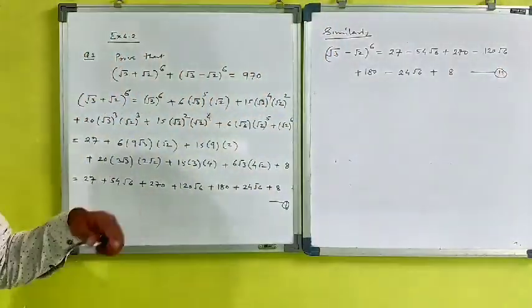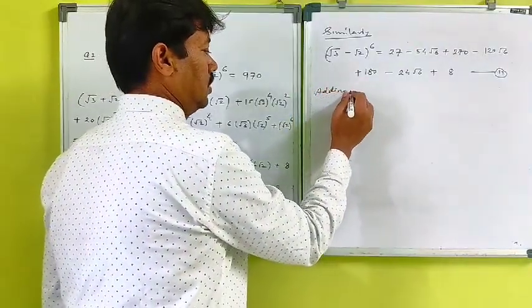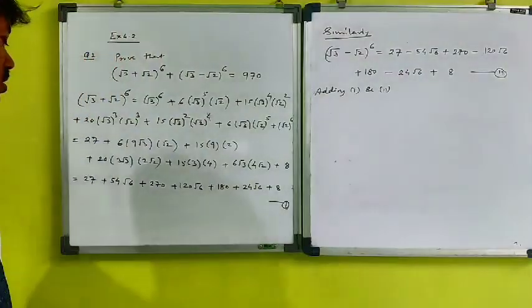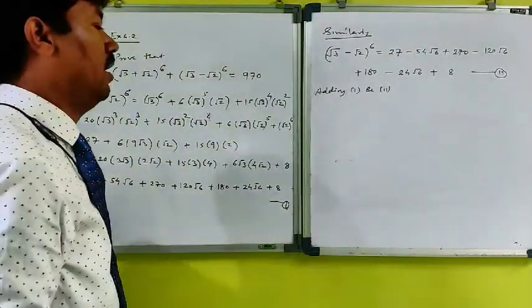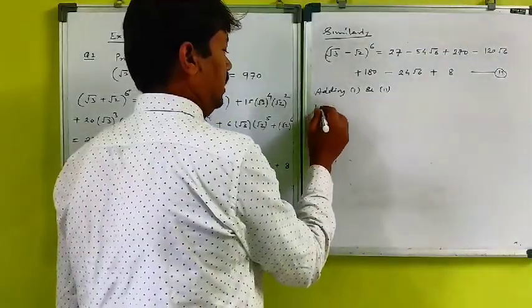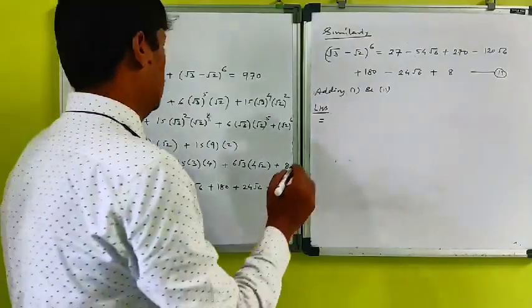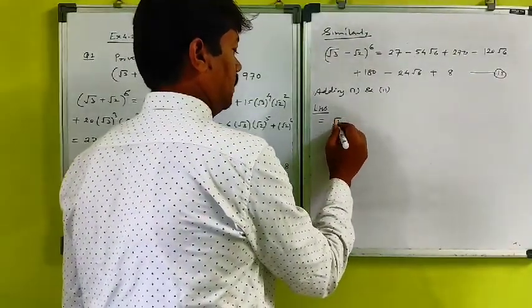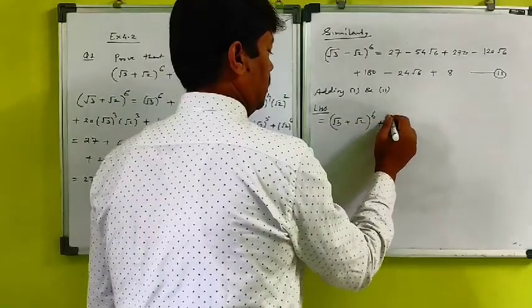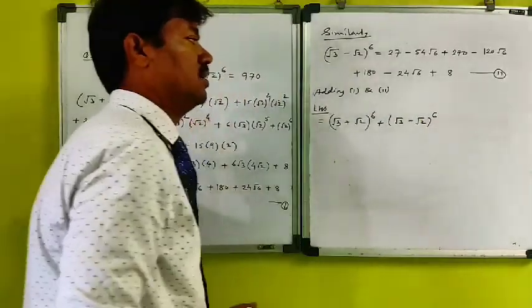Now adding 1 and 2, we will get the LHS. So what's LHS here? Root 3 plus root 2 raised to 6 plus root 3 minus root 2 raised to 6.